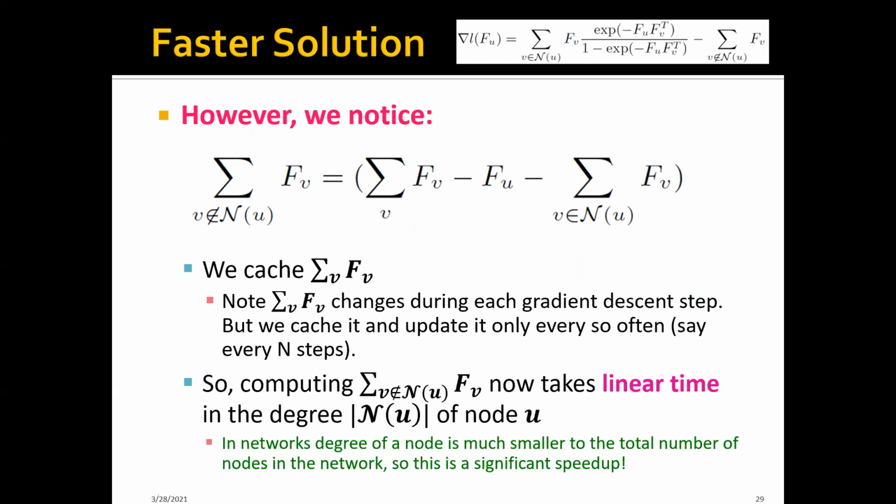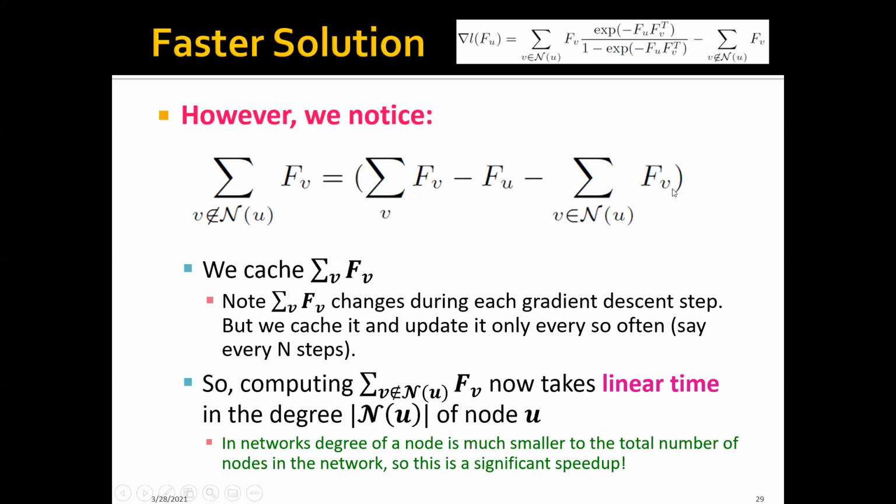However, luckily, we noticed that this second term can actually be rewritten as something like this. It can be rewritten as the sum of all the F minus FU minus the sum of all the neighbor terms.